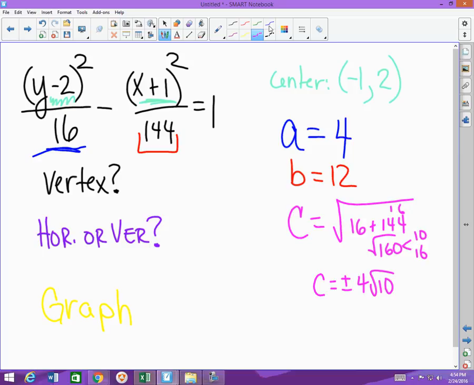So then, because y is first, that would tell you that it is a parabola, or a hyperbola, that looks like this.